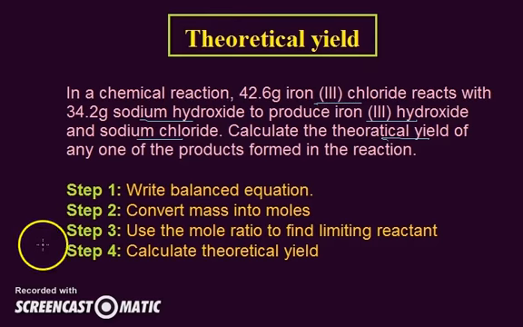These are the four simple steps we follow to calculate theoretical yield. Let's follow the first step. It says to write the balanced chemical equation. Iron chloride is the first reactant, and let's write its chemical formula. The symbol of iron is Fe, and the Roman numeral shows that Fe has a +3 charge, and chloride ion has a negative charge, and we balance their charges before we combine these ions.